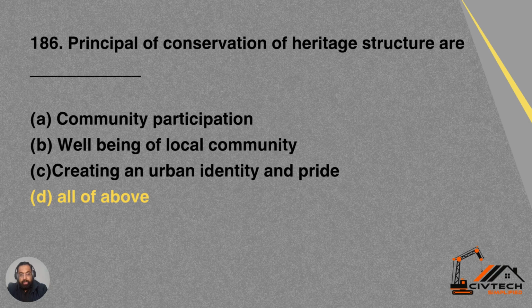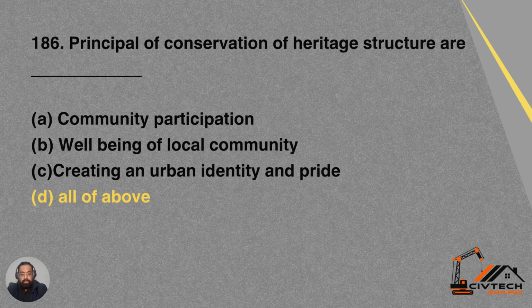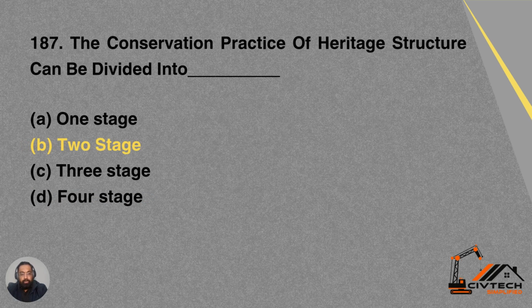The community participation is very much important, and then well-being of local community is also ensured, then creating an urban identity and pride for the community to conserve this old heritage and culture. So it ensures the urban identity and pride for that setting or community. So D is the correct answer.